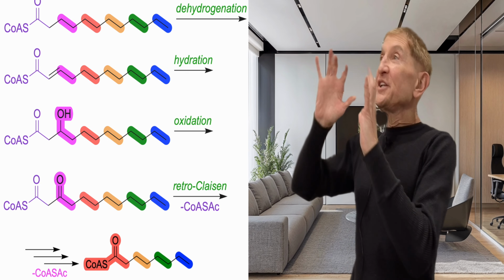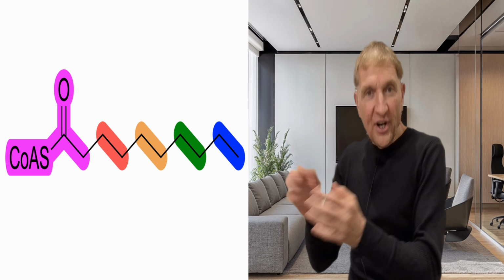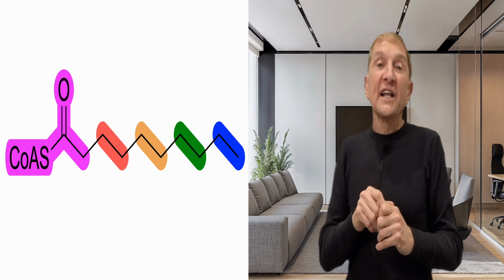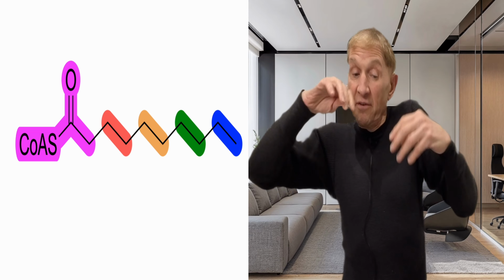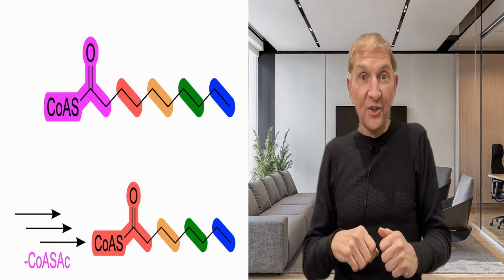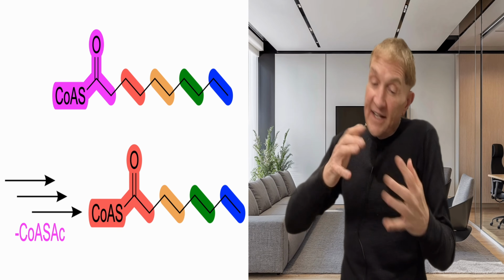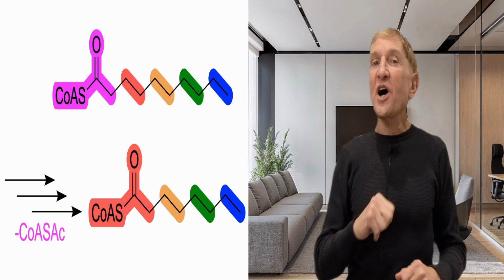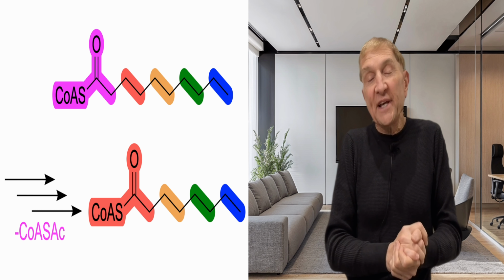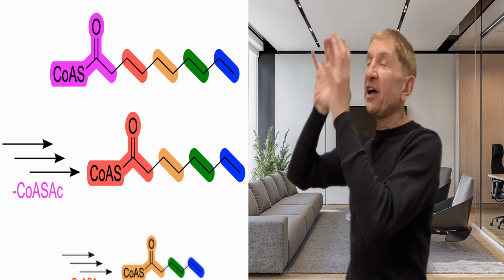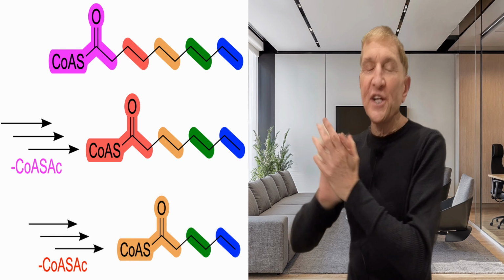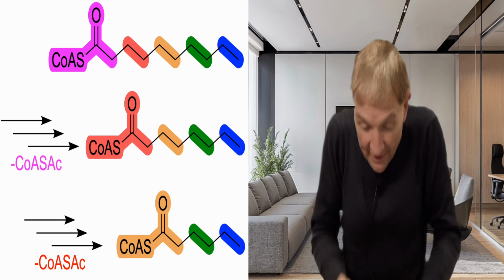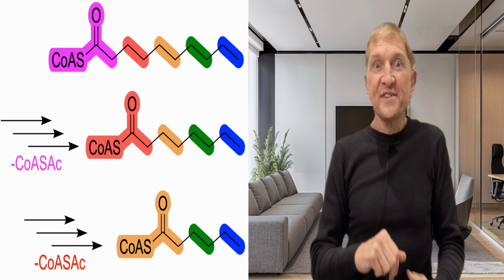That can be dehydrogenated, hydrated, and oxidized again for the next retro-Claisen condensation to give another molecule of acetyl-CoA and regenerate an acetyl-CoA ester of the fatty acid reduced by 2 carbons again. The process is repeated. Dehydrogenation, hydration, oxidation, NAD+, retro-Claisen, acetyl-CoA, Krebs cycle, 2 carbons less.